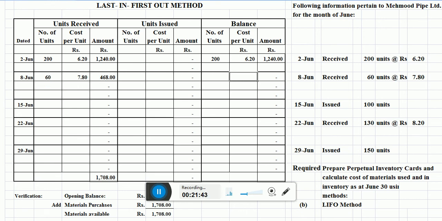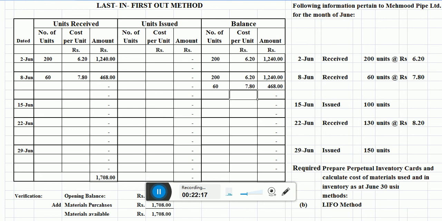Now in the balance column we have to record the first lot of 200 units at 6.20 and the current purchase of 60 units at 7.80. So this is our inventory which exists in the storeroom.